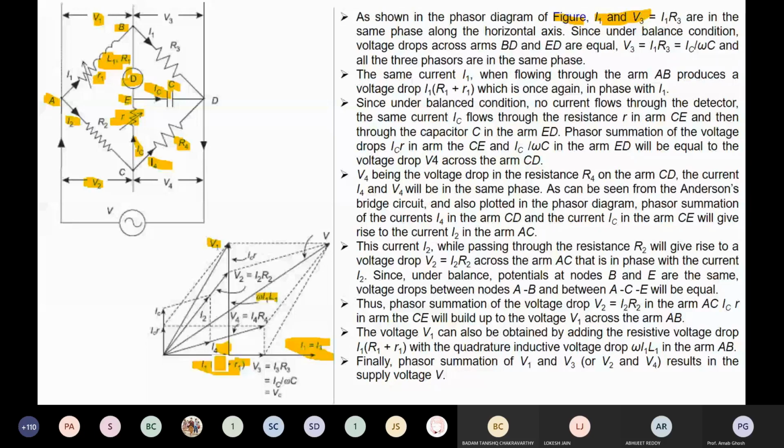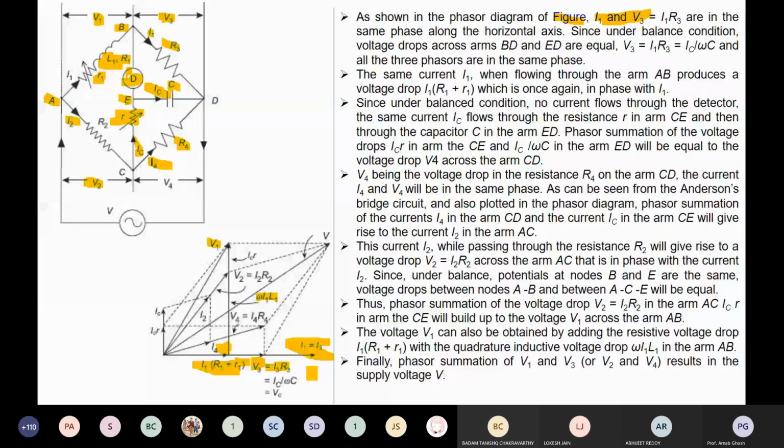Now what is your V3? V3 will be in phase with I3, because I1 and R3 are in phase. V3 is I1 into R3, or you can say I3 into R3, since I3 and I1 are the same.